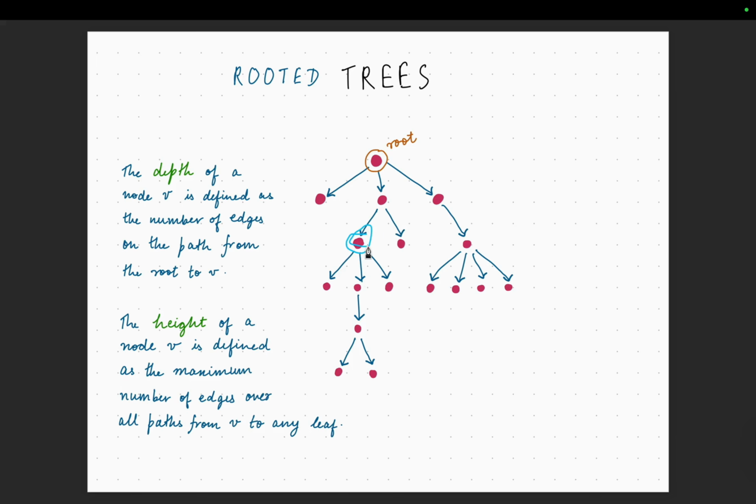And why this is useful is because then there's this notion of parent and children and least common ancestor. And as I said, to implement data structures like maps and sets, you need this rooted tree structure.